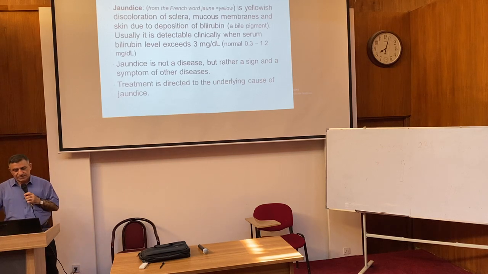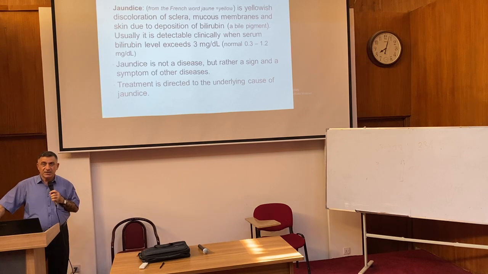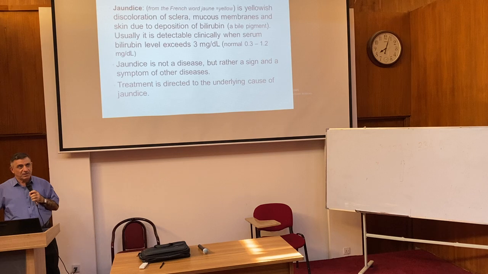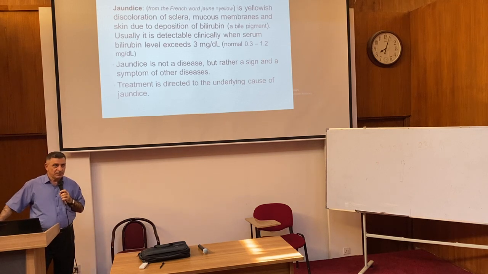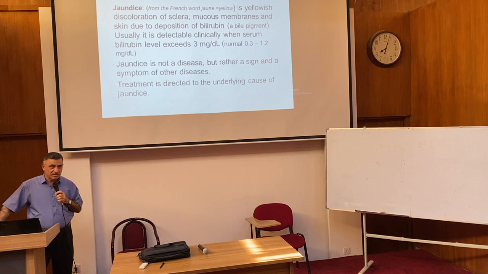It has many causes, and we as clinicians, doctors, we have to find the cause and then look for the treatment. Symptoms and signs are not treated in medicine. The cause of that symptom or sign is treated.